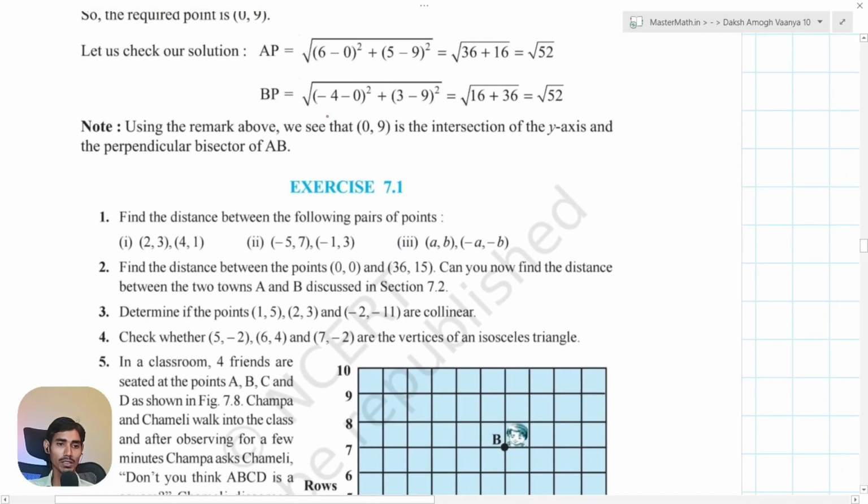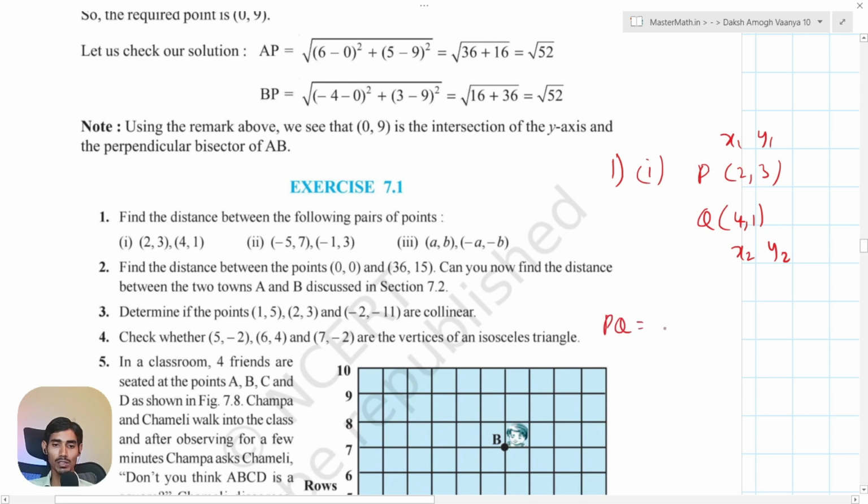7.1, first question. I will do that for you. P point is 2 comma 3, Q point is 4 comma 1. This is x1 y1, x2 y2. Initially you can write like this, it would help you.